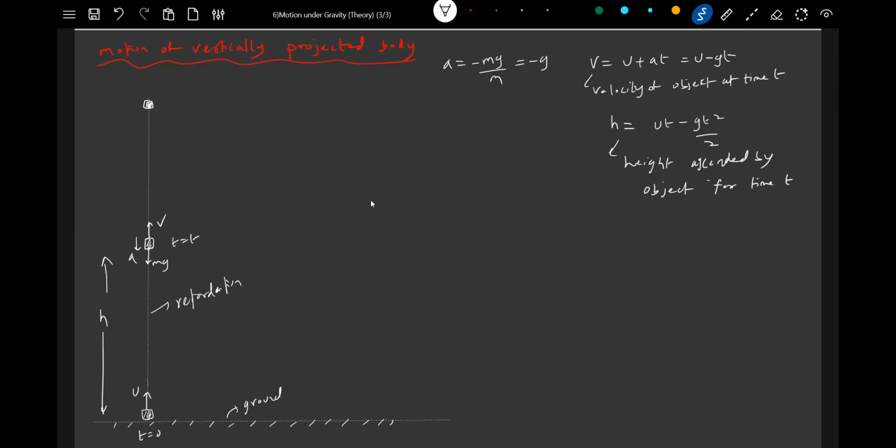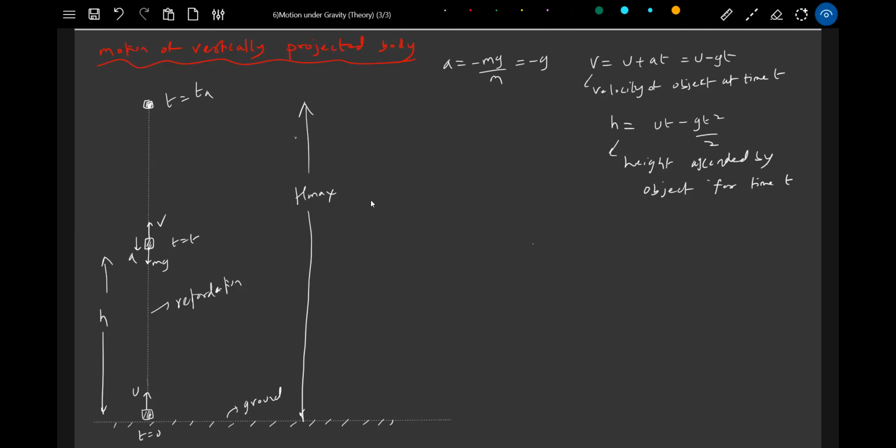Again, we have to study this particular motion in a vertically projected body. What is the maximum height it will ascend, and what is the time of ascent? This will become the maximum height ascended, and this will be the time of ascent. We'll apply the equations of motion.